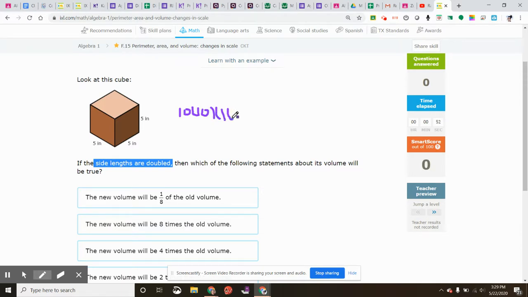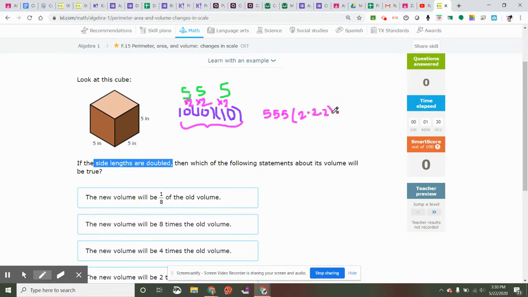Now, if you notice, if I were to find the volume of the original cube, I would have been multiplying 5 times 5 times 5. Because each of those 5s gets multiplied by 2 to become the 10, we could think of this 10 times 10 times 10 as 5 times 5 times 5, multiplied by 2 times 2 times 2.